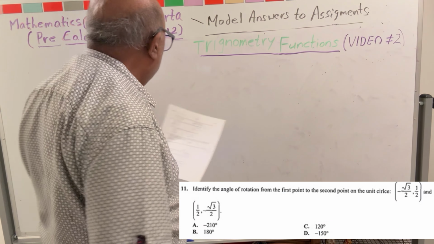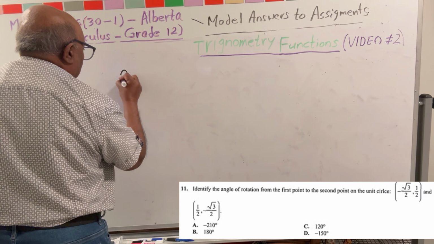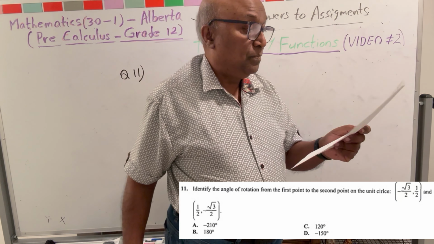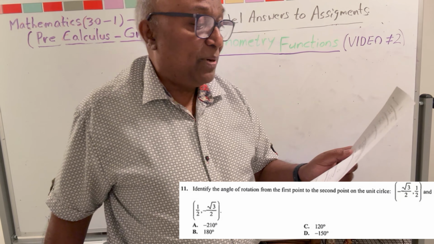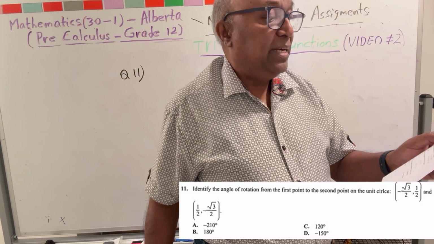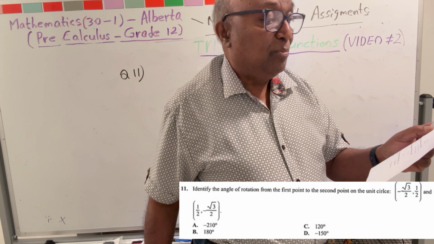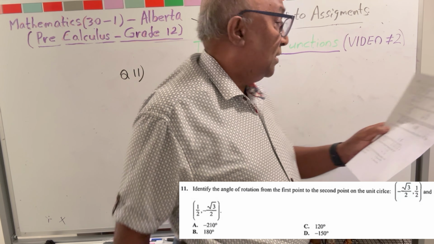Okay, let's go to question number 11. Identify the angle of rotation. Identify the angle of rotation from the first point to the second point on the unit circle.